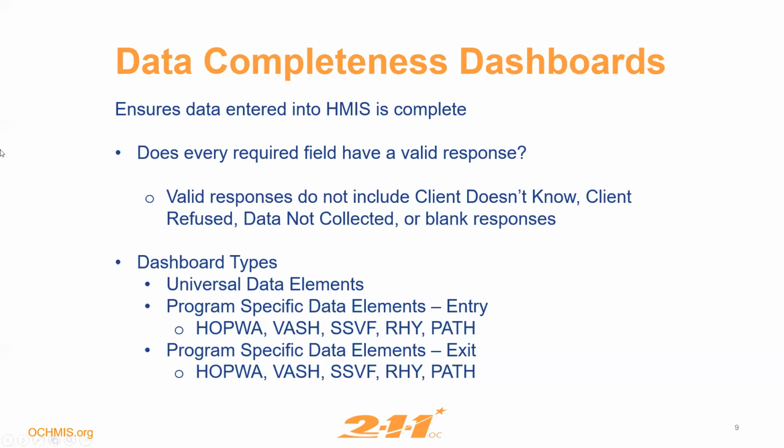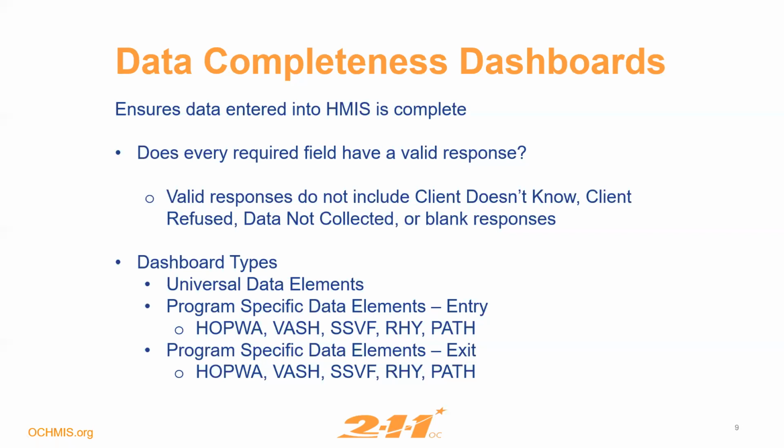So this dashboard has categories of valid responses, don't know, refused, blank, or data not collected. And then there's a couple that have data issues that I'll get into, but it's mostly looking at valid versus not. And according to HUD, don't know, refused, data not collected, and blank are not valid.